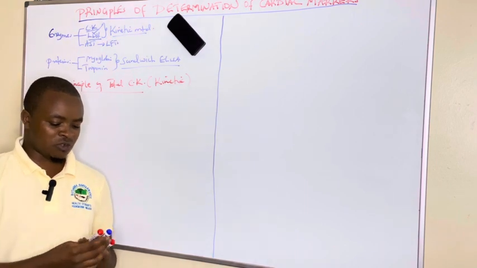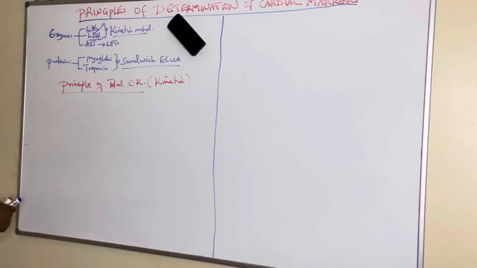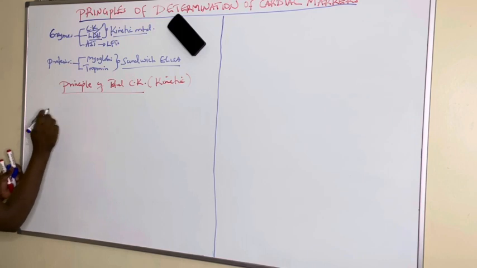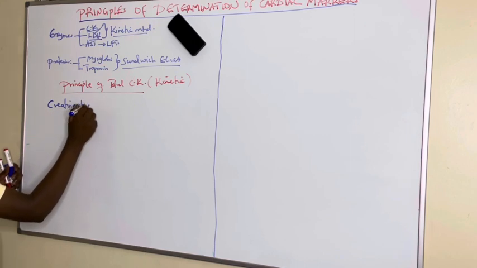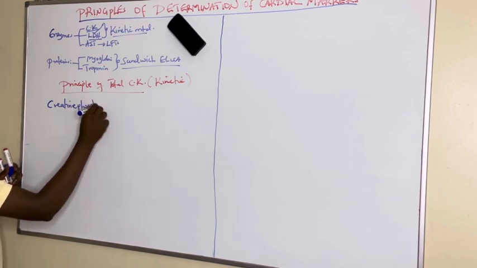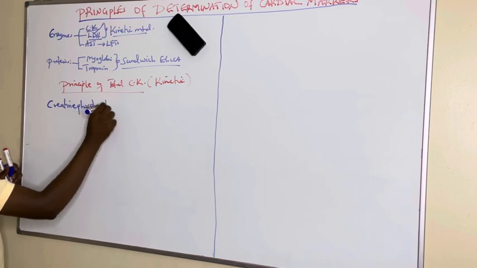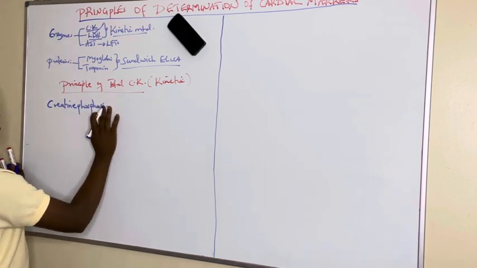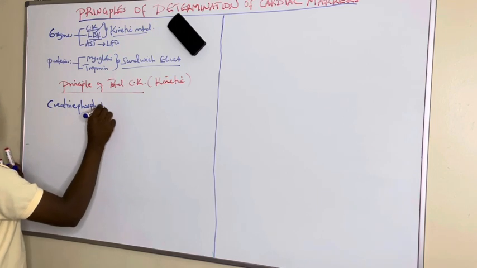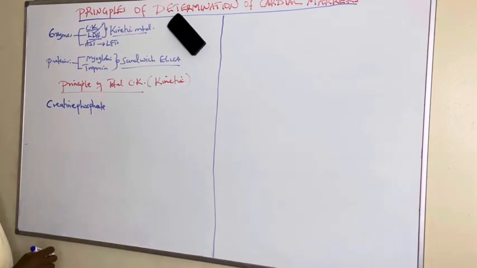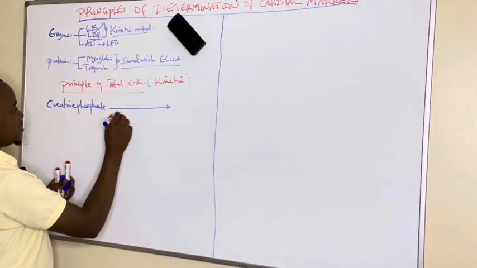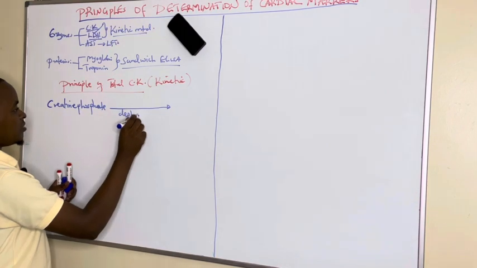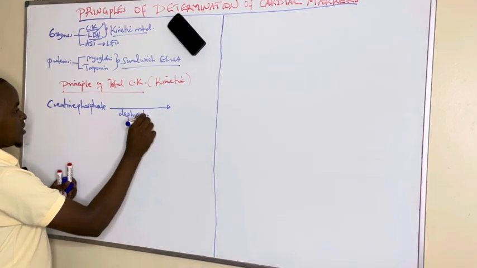But in this case, we are doing the reverse. Whenever we have phosphocreatine, or creatine phosphate in muscles, we see it being dephosphorylated, meaning we are removing an inorganic phosphate group.